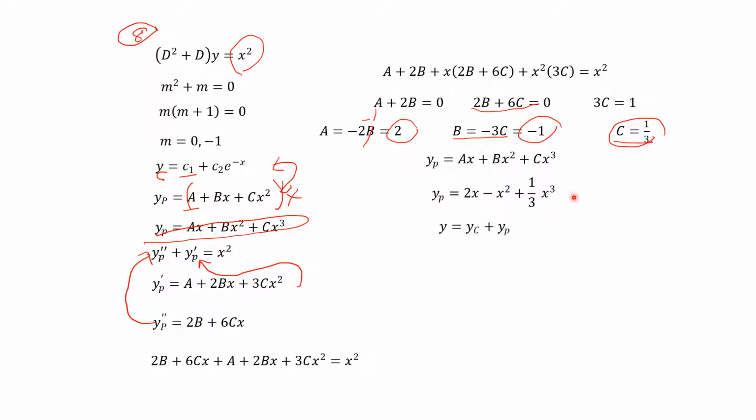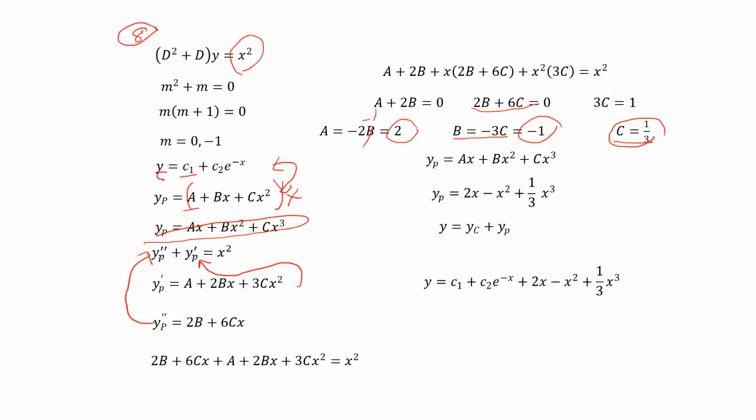And then of course your y is the sum of y sub c and y sub p. Here is your y sub c, that is c1 plus c2 e to the negative x, and your yp is 2x minus x squared plus 1/3 x cubed. Then this is your general solution. y equals c1 plus c2 e to the negative x plus 2x minus x squared plus 1/3 x cubed.